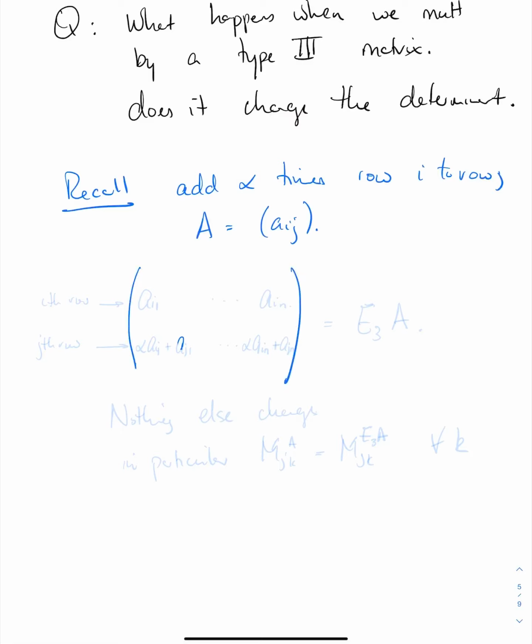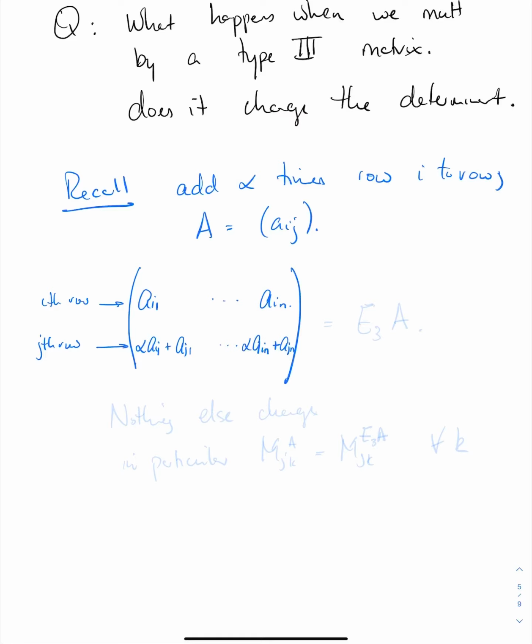In the ith row, we're going to just have what we have. In the jth row, it's going to be alpha times a_i1 plus a_j1, all the way over to alpha a_in plus a_jn.